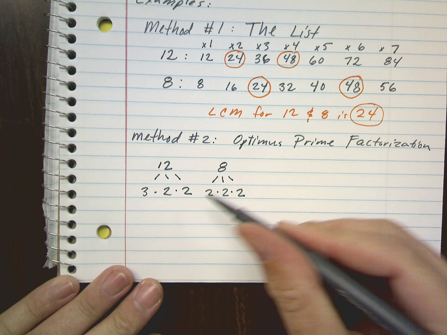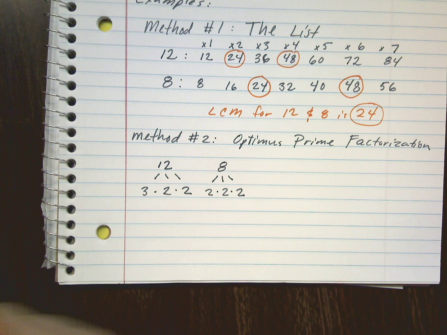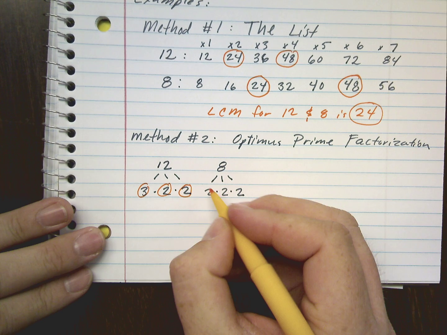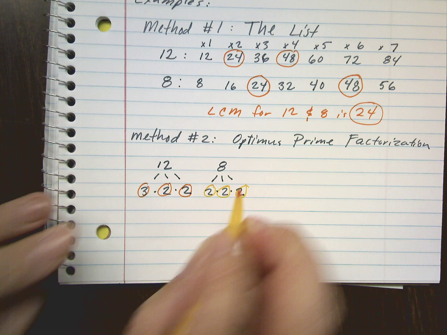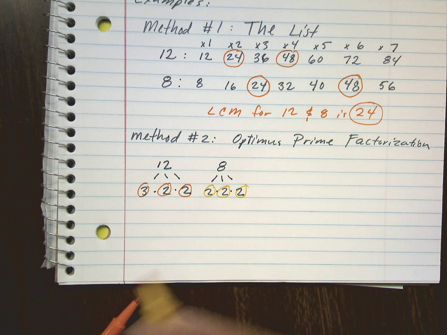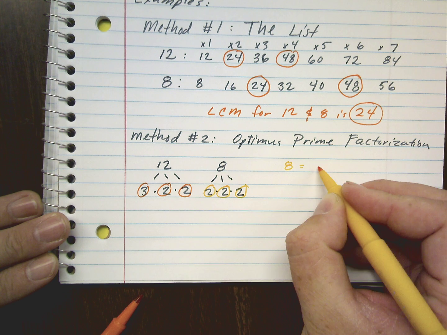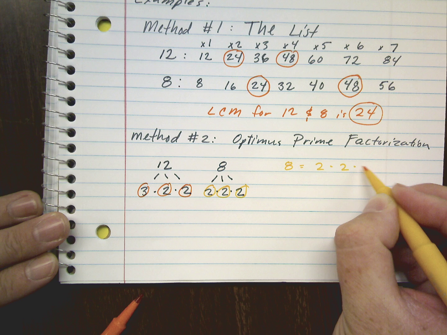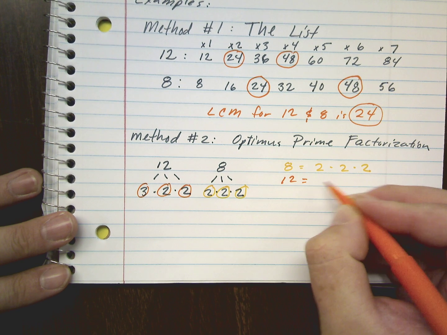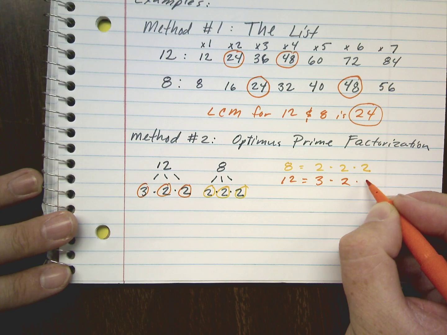What I like to do with these prime factors is I'll do 12 in orange and I'll do 8 in yellow, so we can really separate them. I'll do my 8 right up on top: 8 is the same thing as 2 times 2 times 2, and 12 is the same thing as 3 times 2 times 2.